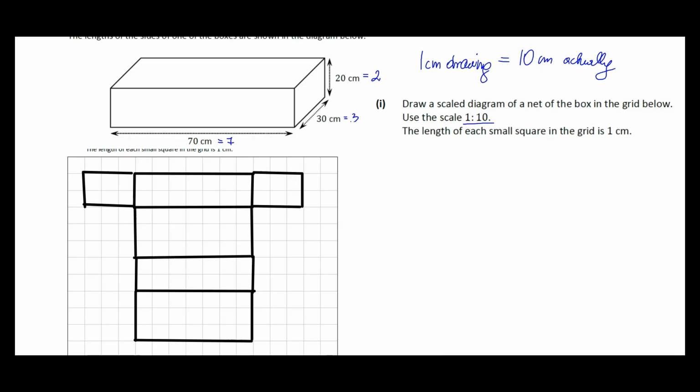Obviously, I am a little bit lying, because we cannot have this side together with this side, because they are not together. If we cut the box, we have a smaller rectangle, bigger rectangle, smaller one, and bigger again. So that order has to be kept.